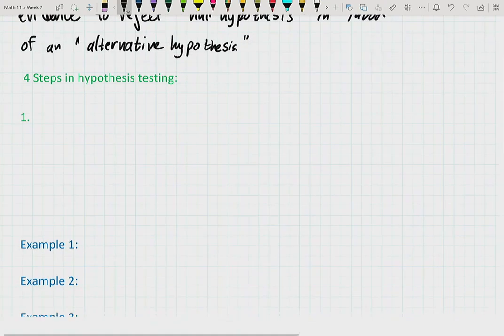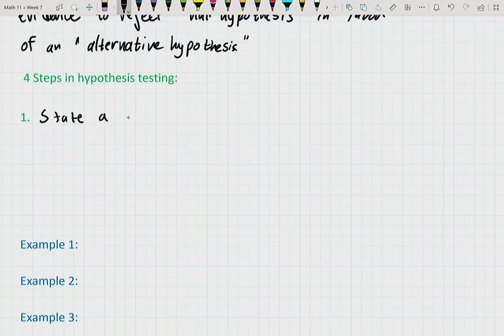So step 1 in hypothesis testing is, well, you create your... Okay, right. All right, so step 1, create your hypothesis. There's actually 2 of them, the null hypothesis and the alternative.